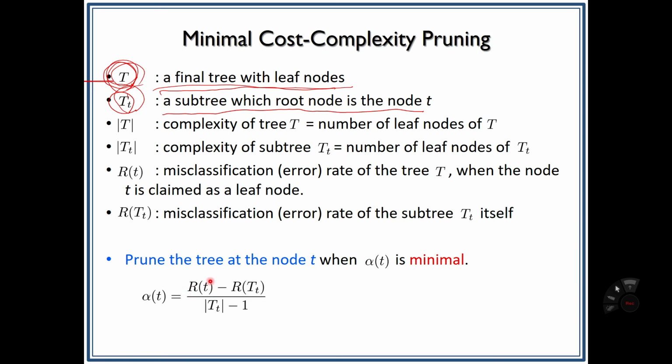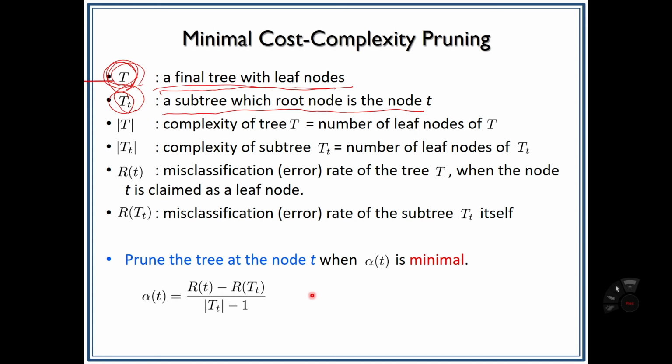This is the upper part and this is the lower part, and we take the difference between these two. So once we prune some part, the error rate will increase by this amount. This one is the error rate of the upper part. Once we perform the pruning of the branches, the training misclassification rate will increase. Is that right?